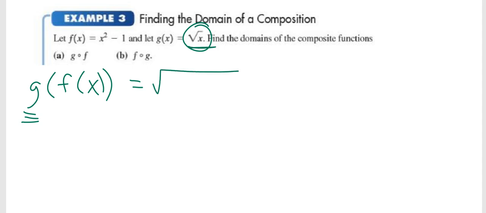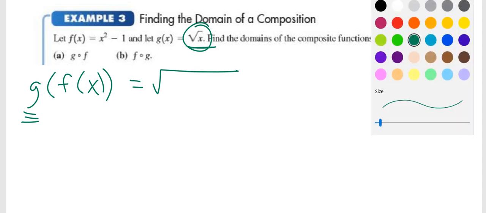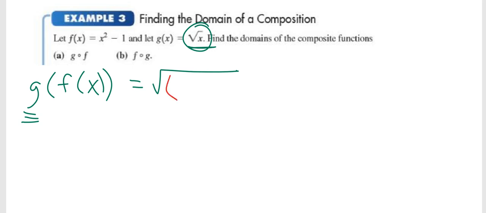Take the square root. That's what the g function says. And so what are we going to put in those parentheses? x squared minus 1. Are those parentheses useful or useless? Pretty much useless.